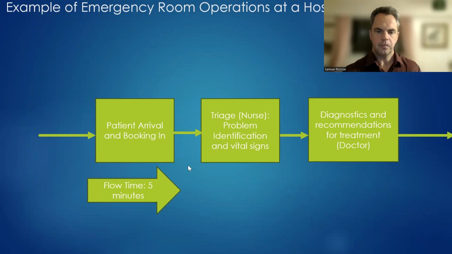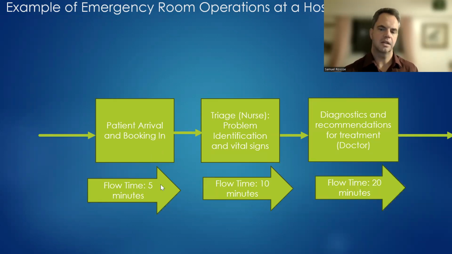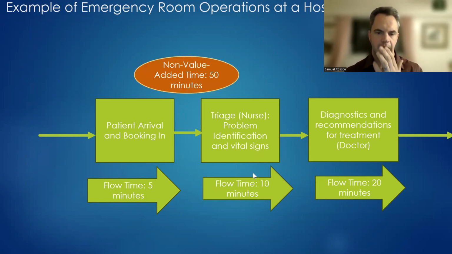Okay, so if we just say that the flow time is 5 minutes for the patient booking in, the triage is 10 minutes, and the diagnostics is 20 minutes. Now, if I only had 1 patient come in, they could check in, the nurse was just waiting there, they could move directly to the nurse, and then once they're done with the nurse, they move directly to the doctor. You would be able to get 1 patient through that process in about 35 minutes, okay?